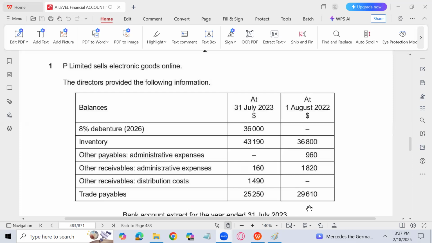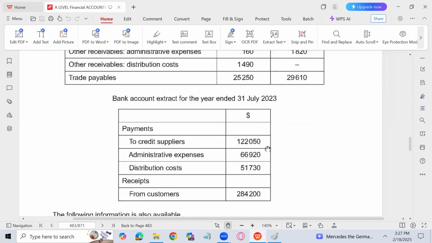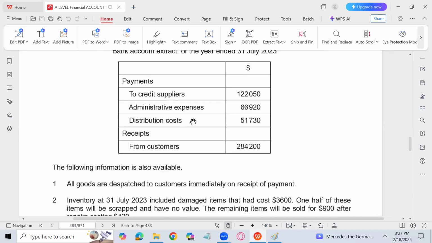It means there is no credit sale, because there are no trade receivables at the start or at the end. Payments to credit suppliers are 122,050. Admin expenses and distribution costs are given; these are the expenses. Receipts from customers are 284,200.